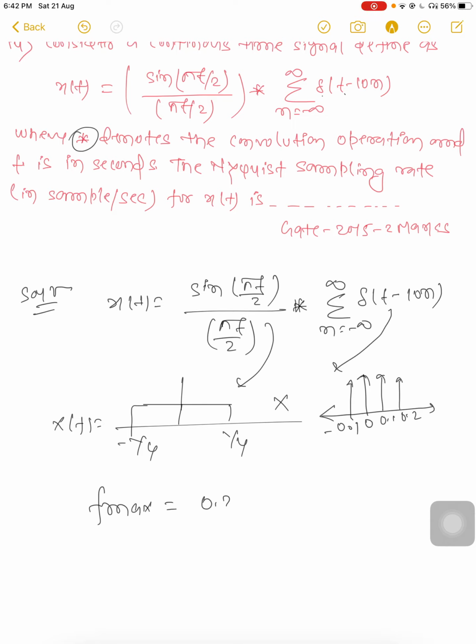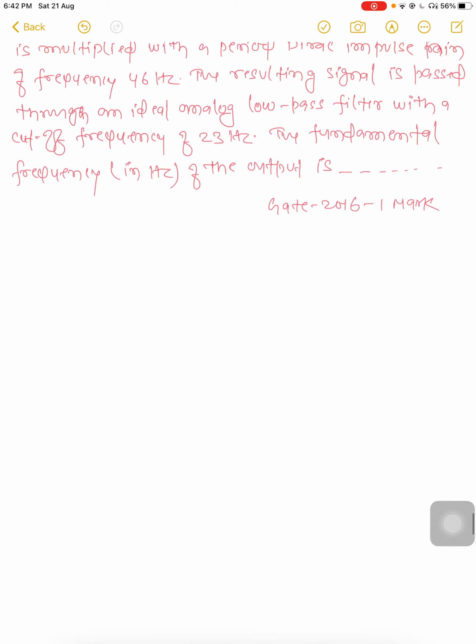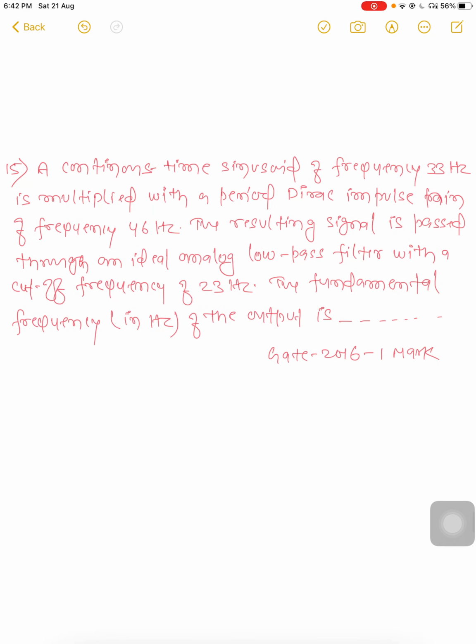So fmax maximum will be passed only 0.2 hertz. So fs is equal to 2 fmax, and it will be 0.4 hertz, which will be the answer. Okay, now comes to the next question.